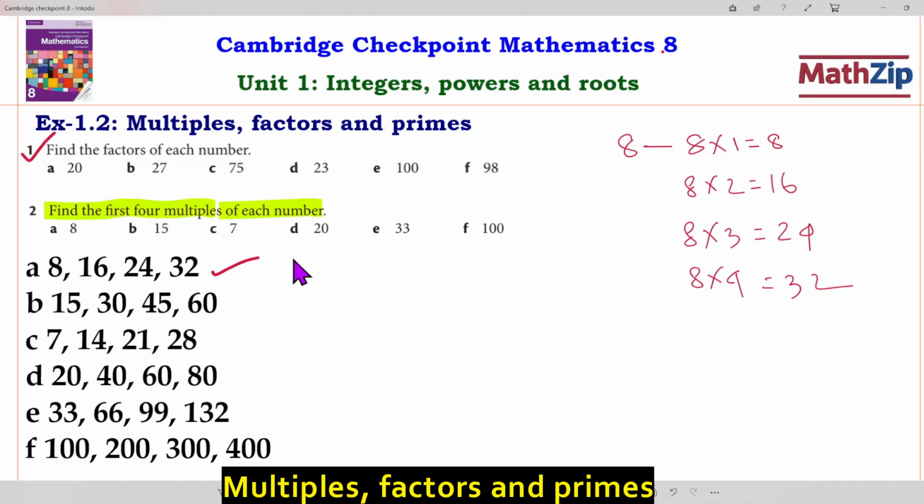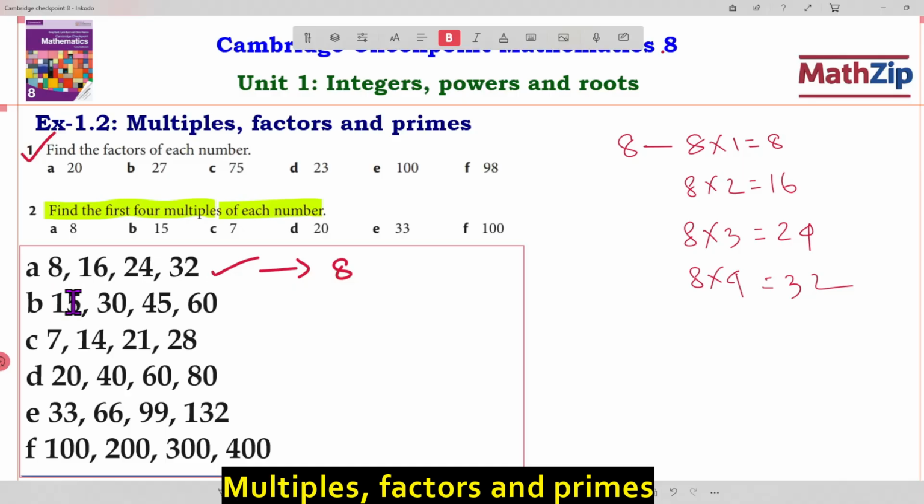So this is number A. Number B, this one is 15. So we can write here 15, 30, 45, 60, right? Number C, it's counting the first 4 multiples of 7.